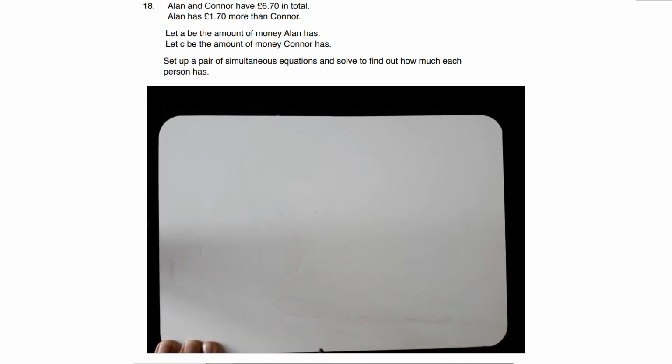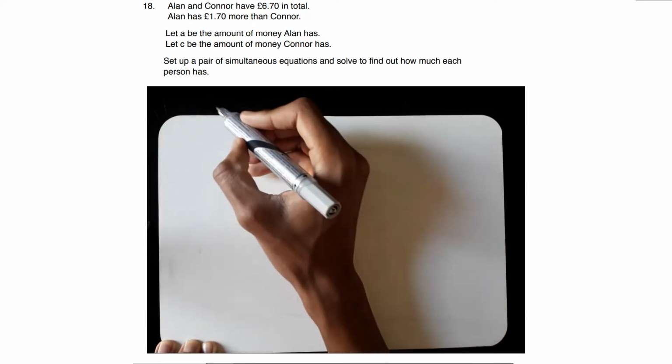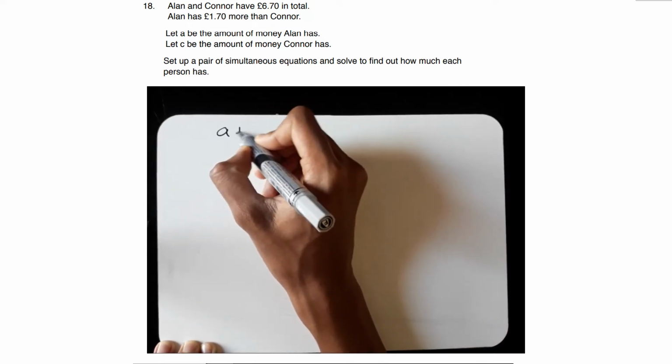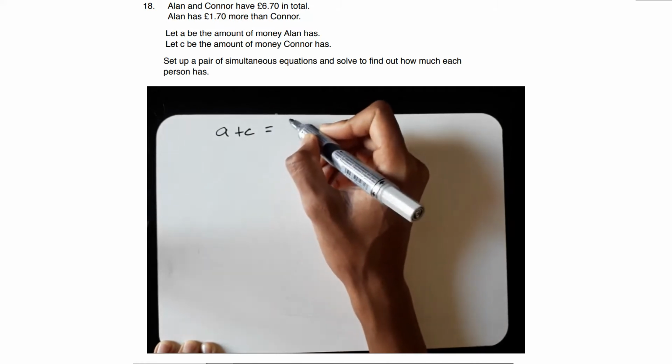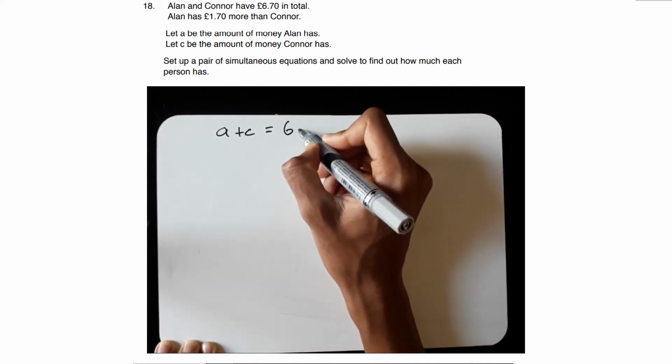Okay, first thing we're going to do is set up the first equation, which is Connor and Ellen have 6 pounds 70 pence in total. So that's A plus C will give you 6.7.